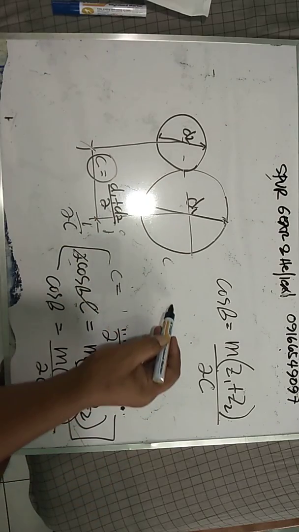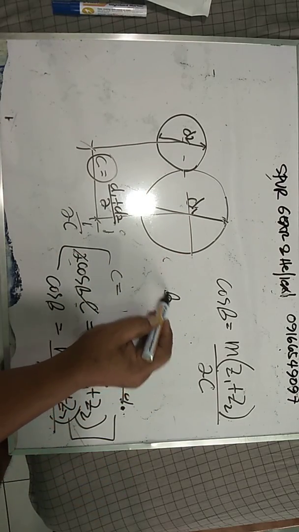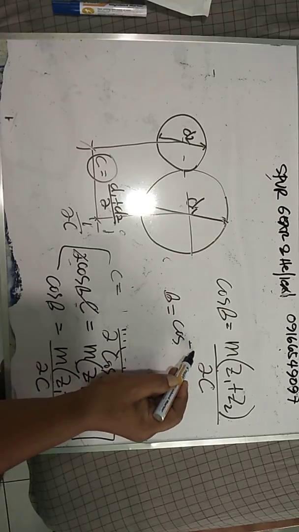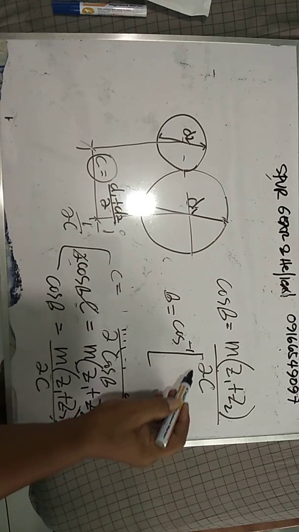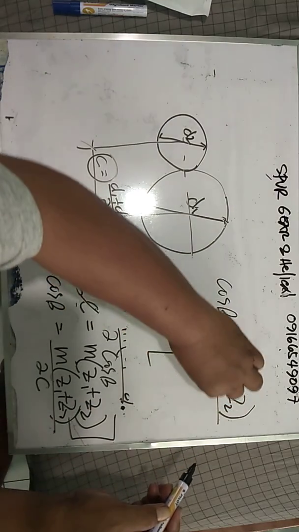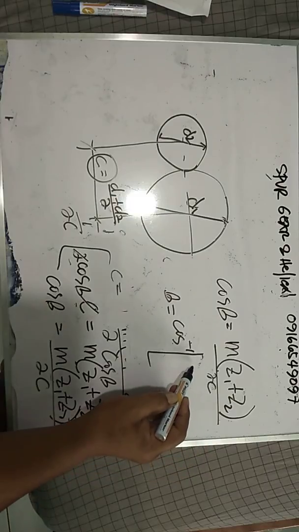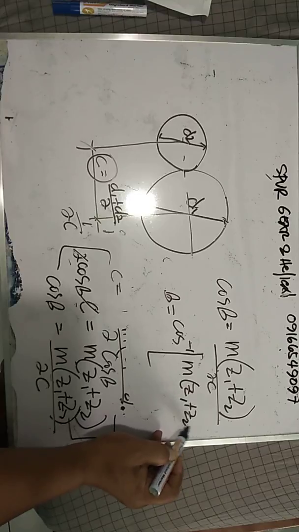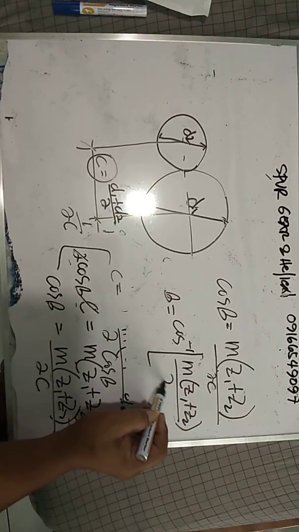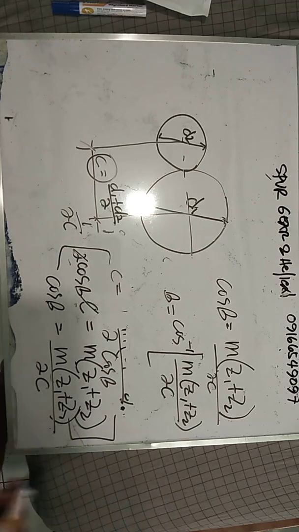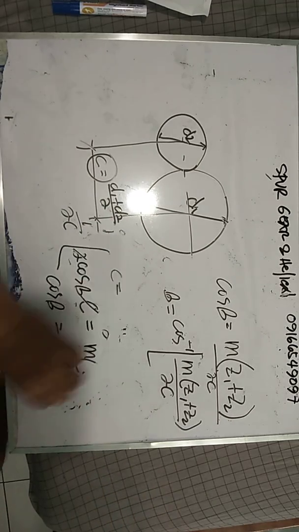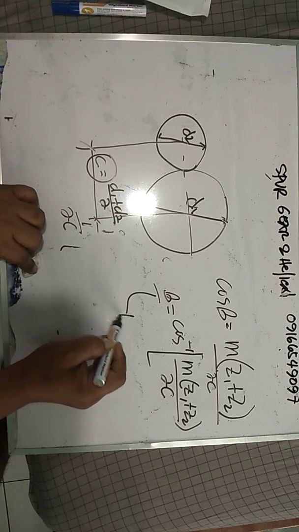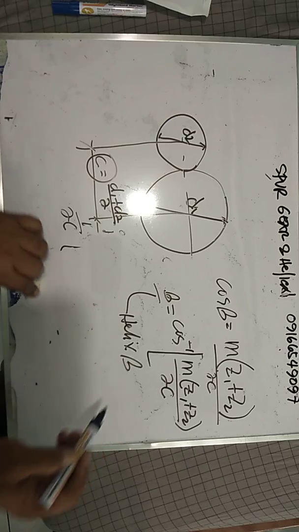So therefore helix angle beta will be equal to arc cosine of m times Z1 plus Z2 over 2 times the center distance. Okay, this one, that is helix beta.